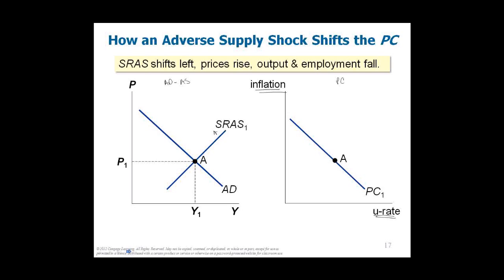And as we would expect, our output falls, our unemployment actually increases, and our price level increases. This is our inflation happening here.